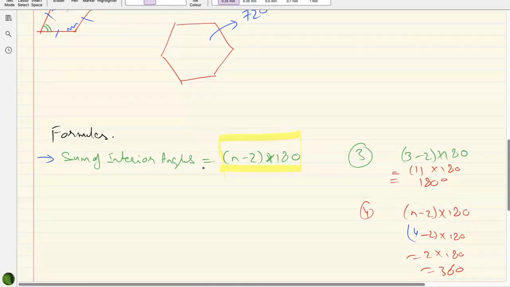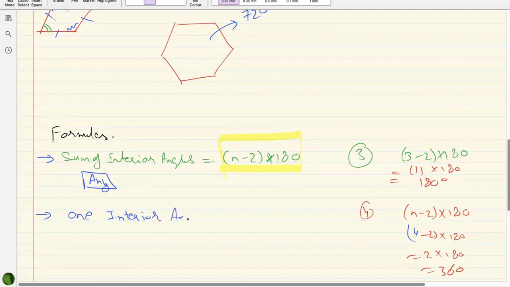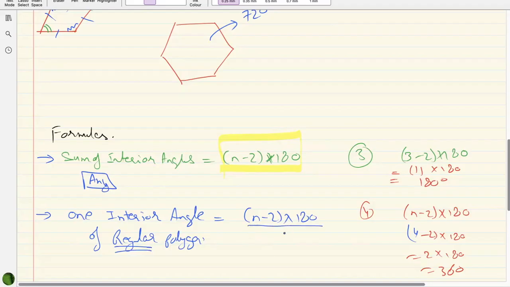So sum of interior angles could be used for any polygon. When we talk about one interior angle of a regular polygon, we already had the sum. Now this word right here gives us the permission to write this n below this formula.